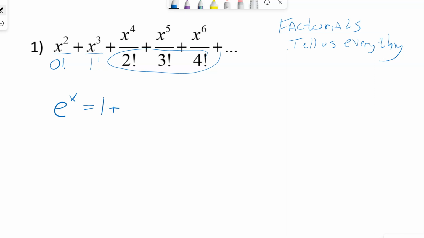So I'm going to write out the first couple terms of this. Now, if I'm looking at these different terms, I'll notice that the 3 factorial here has an x to the 5th in it, whereas the 3 factorial here has an x to the 3rd. So it's like our exponent should be 2 larger.